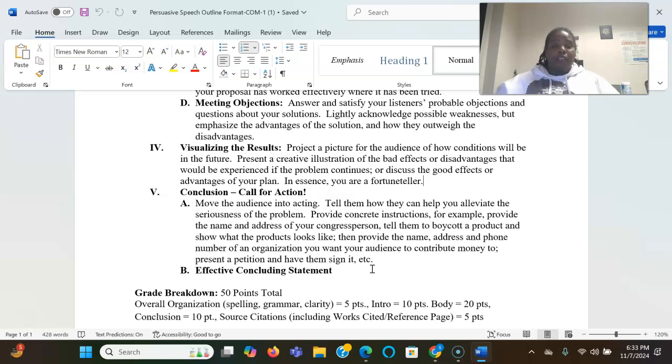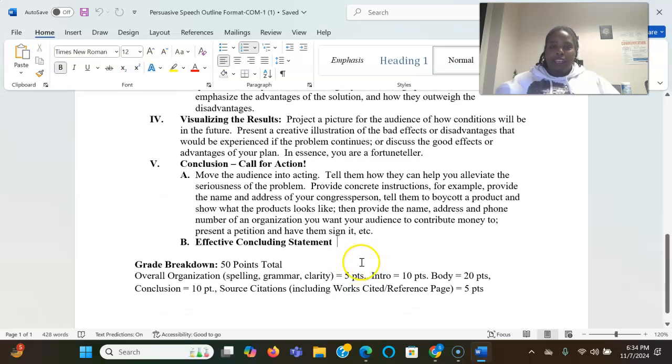So with the call to action, make sure it's specific and doable for the class to follow. So with these concrete instructions, you can talk about where to find more information. You can talk about where to boycott or where to find their congressperson or where to contribute their money. So make sure the action is doable and is specific. And then you have your concluding statement.